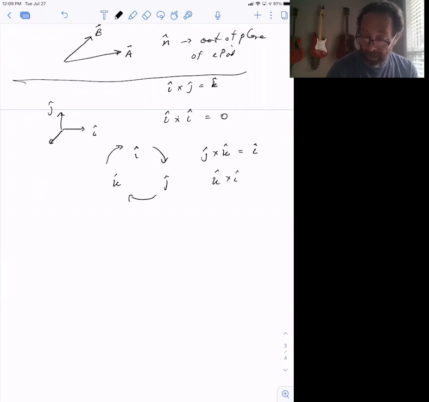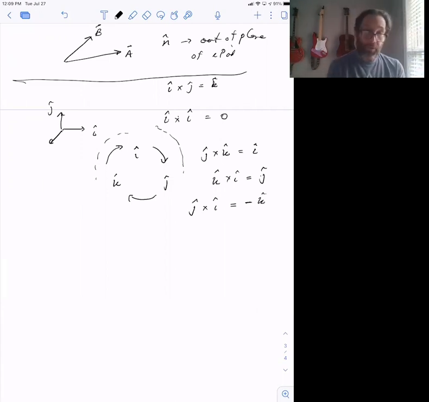K cross I would go into j hat, and so on. What happens if we have j cross I? If we go j cross I, we're going in the opposite direction. We're going counterclockwise and we pick up a minus sign. So j hat, for example, cross I hat is minus k hat.